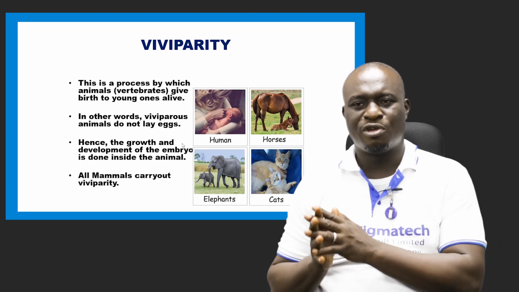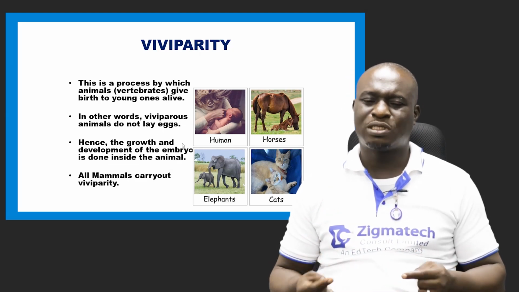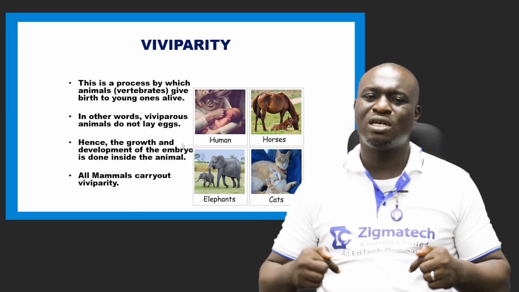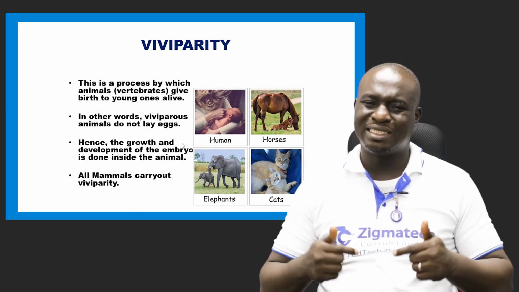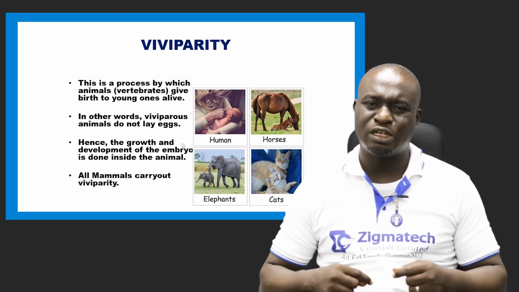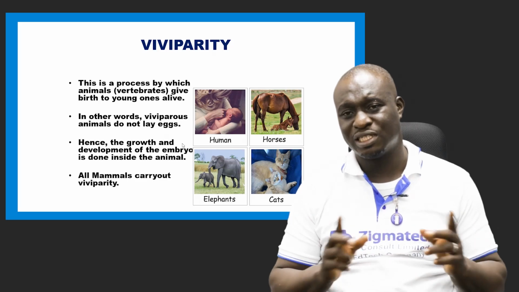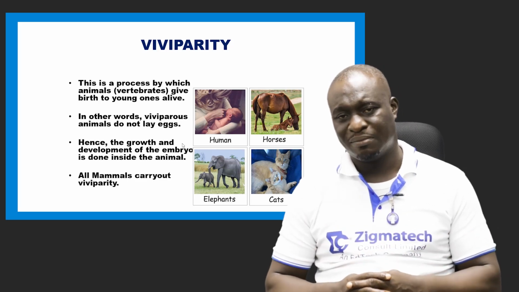But in viviparity, it develops and grows inside the body of the female parent organism. Please take note of the differences between the two, all right?